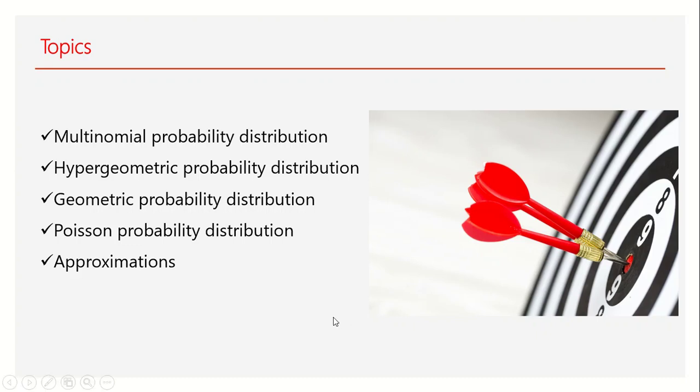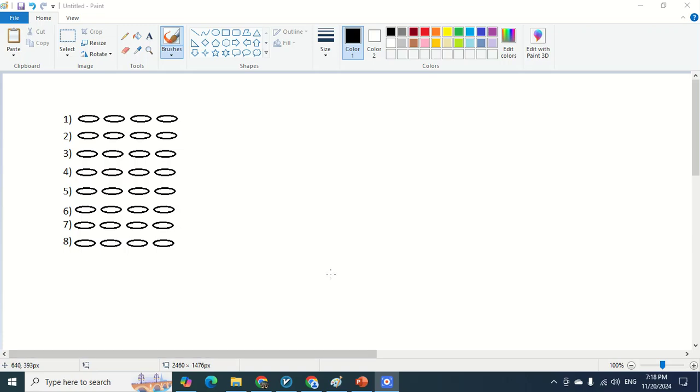So let us take a look at that example and see how we can have a quick review of the binomial distribution. I describe the question in words instead of writing it completely here. We have 8 multiple choice questions.